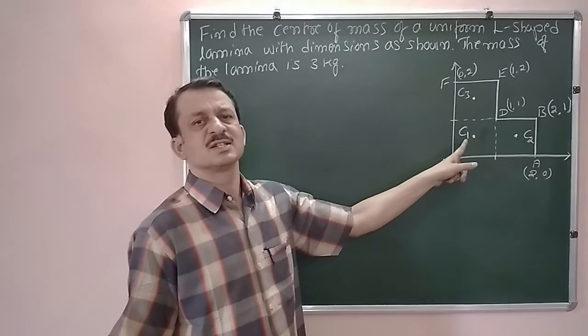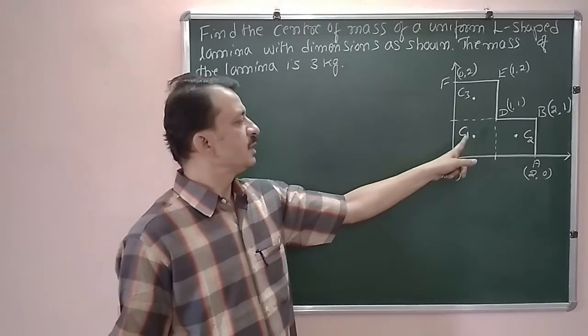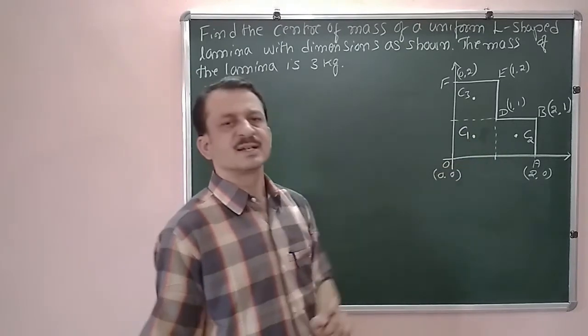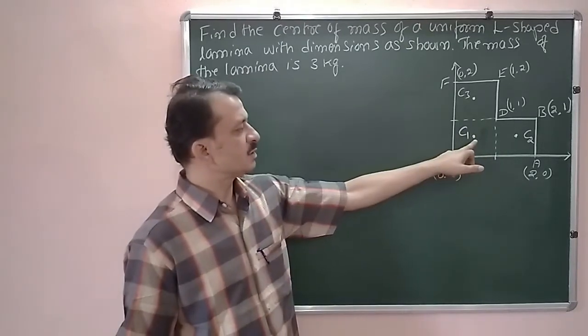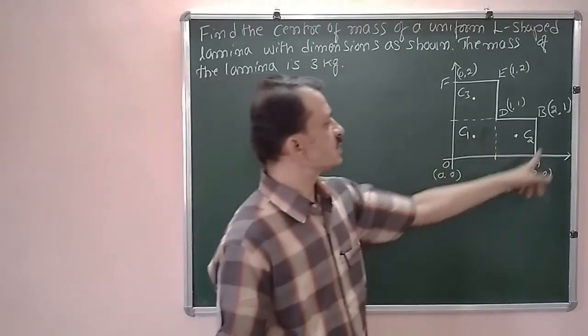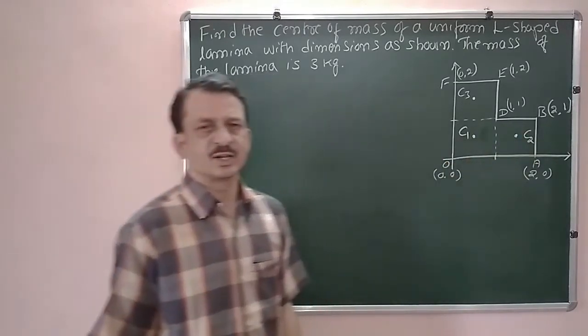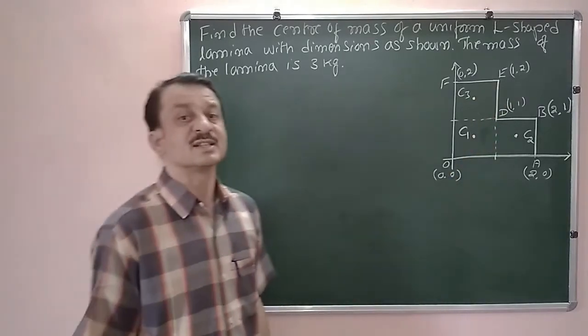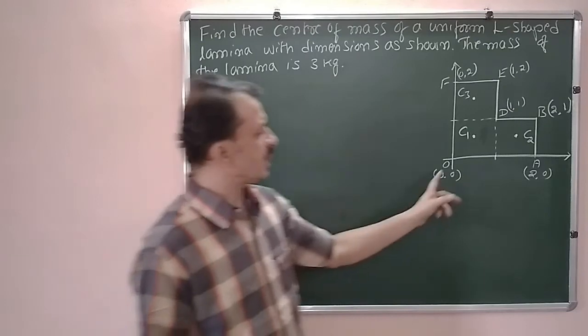Since the mass is uniformly distributed, this first square has a center of mass at the point C1, which is at the center of the first square. Now we have the second square whose center of mass is at C2, and the third square whose center of mass is at C3. And they have also given the dimensions.